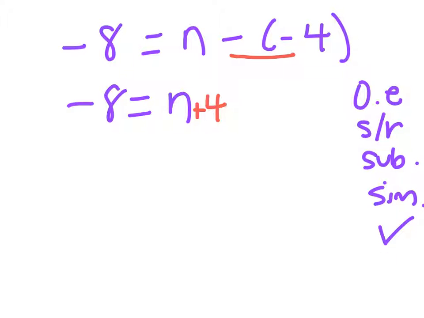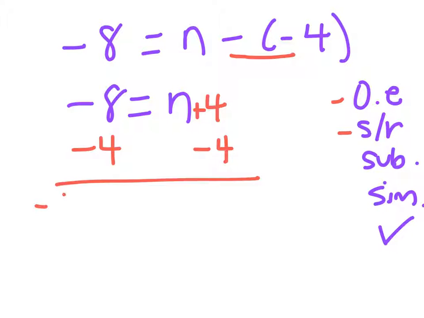Now we've done that one, and now we can subtract from each side the negative 4. So now we would have negative 8 minus 4 equals n, and now we can simplify, and that would give us negative 12 equals n.